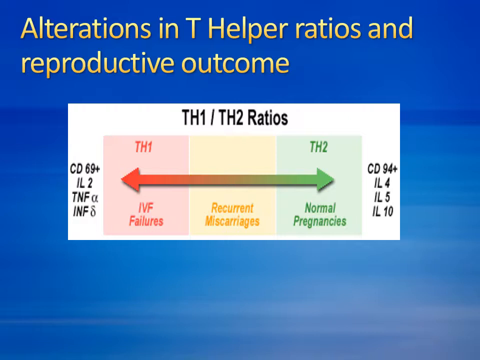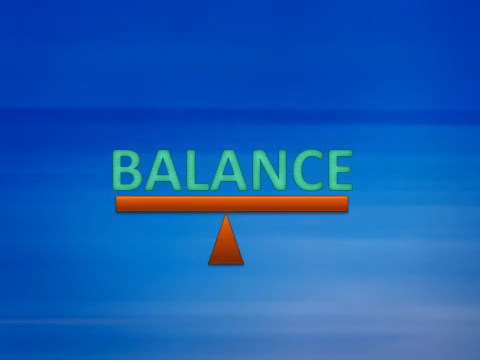This is associated with a normal pregnancy outcome. Conversely, patients with IVF failures are more likely to be found to have a balance much more towards the Th1 production pathway, which would be a higher level of interleukin 2, TNF, or interferon. And I think that the best way to think of this is that while these cells are incredibly important for normal development, it is the balance of these cells that is crucial.